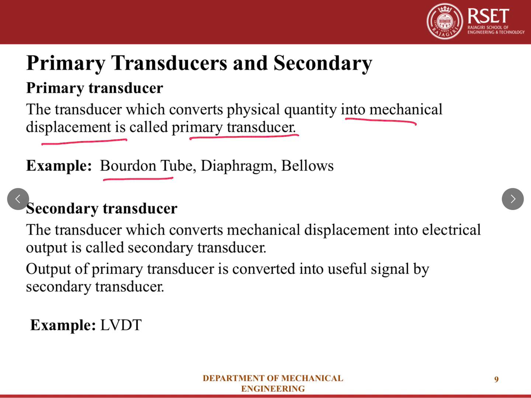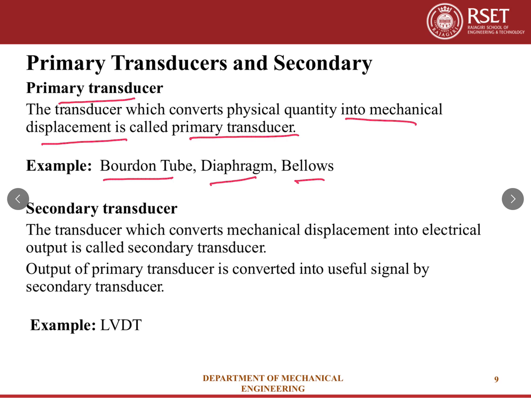Examples: Bourdon tube, diaphragm, bellows. When we want to measure the pressure of a particular fluid using a Bourdon tube, the tube will have a displacement. The output is a mechanical displacement. Such transducers are primary transducers.